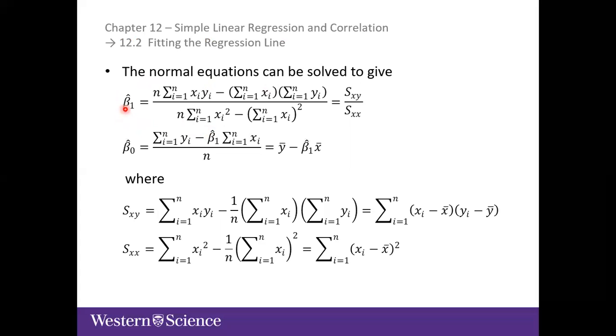The point estimate of beta 1 is SXY divided by SXX. SXY is the sum of cross differences for x and y. SXX, the sum of squared differences for x, is the sum of the differences of x with respect to its mean value, squared, over the entire data set.